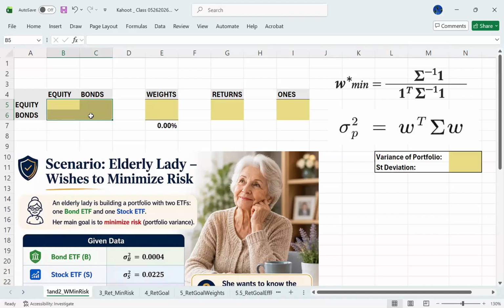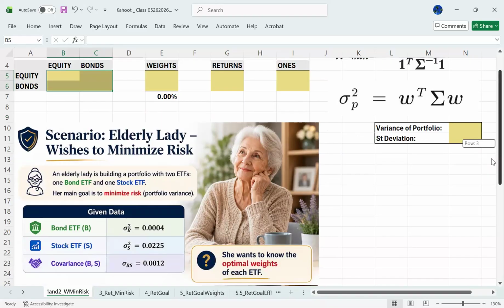You can evaluate 50, 100, 200, 500 assets. Of course, the matrix would have much larger dimensions, but the actual work is going to be the same. So the first thing is let's look at the data that we are given.